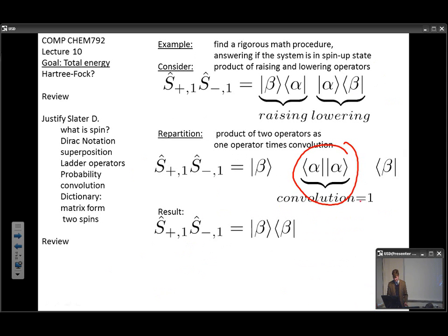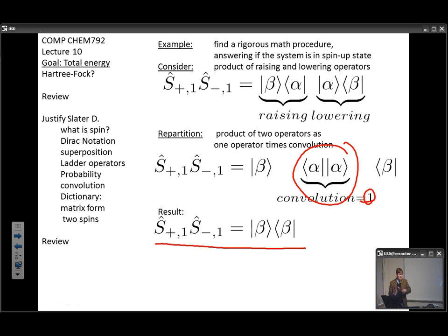Let's see what I have. Okay. Yeah. So they meet each other, they give 1, and then the subsequent multiplication of lowering and raising operators is beta times beta. So if it acts on the beta state, it will generate the beta state again. If it acts on the alpha state, it will generate nothing, 0. So it is a little trick to eliminate anything that relates to the alpha state.